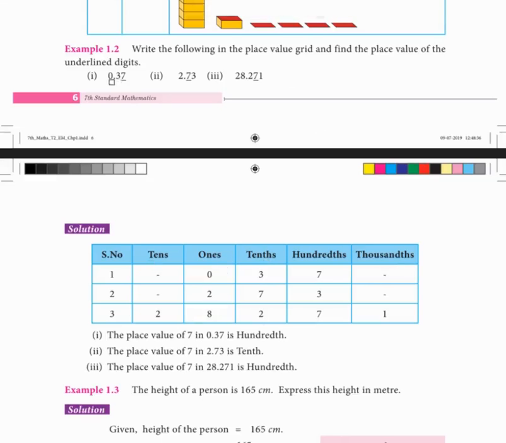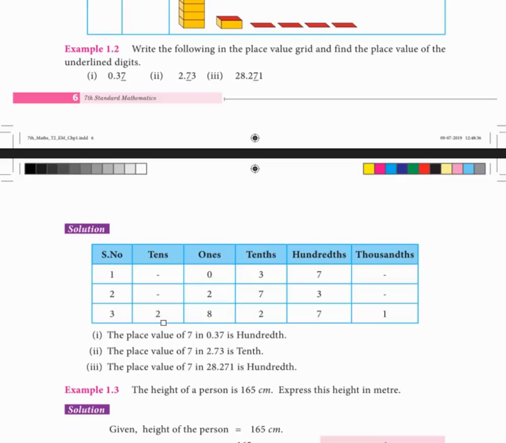Then write those numbers. The ones spot is 0, there is no tens spot, so put a dash. Immediately after the decimal point, what number do we have? That is tenths, 3. Next 7, hundredths. There is no thousandths part, just put a dash. Second sum, 2.73. 2 is in the ones place. There is no tens place, before 2 there is no number, so put a dash. 2, 7, 3, and the thousandths place is not there, right? Next number, last sum, 28.271.